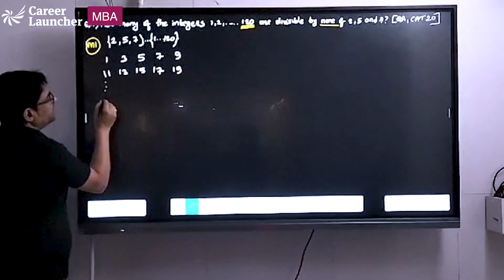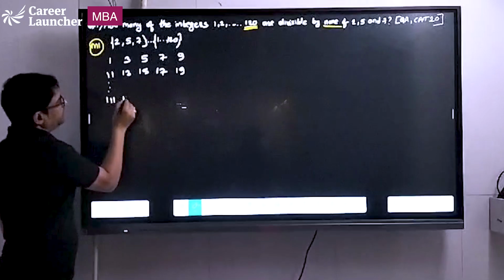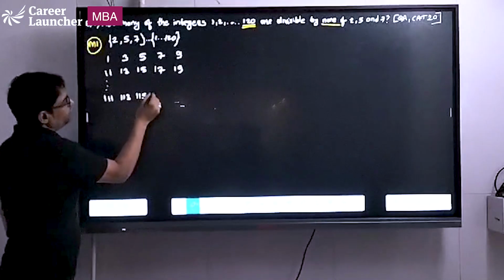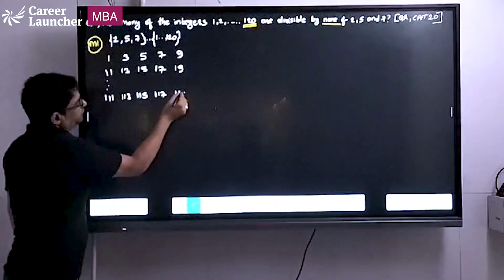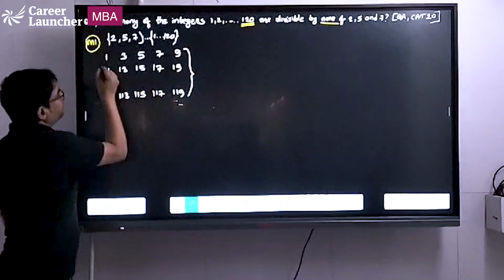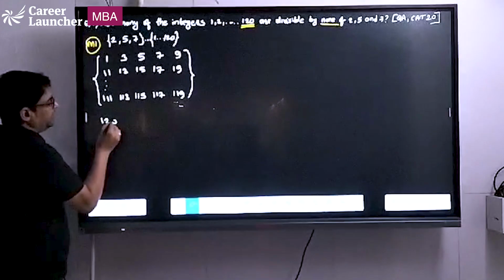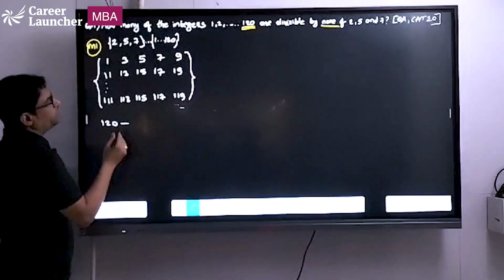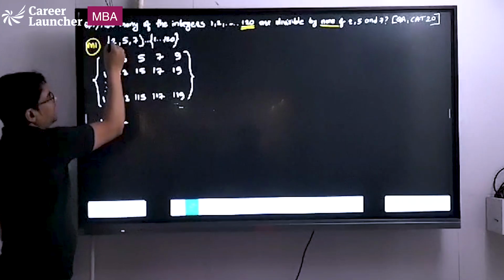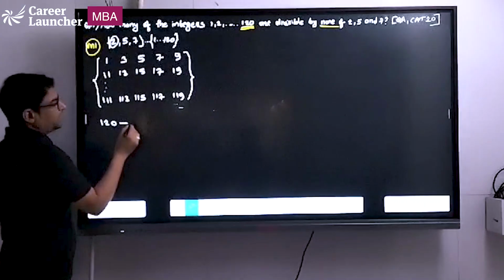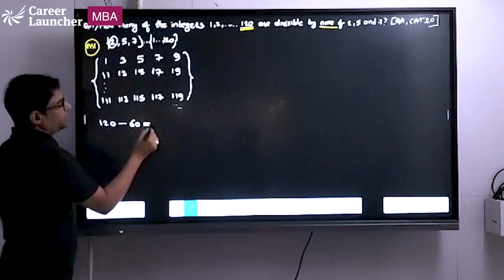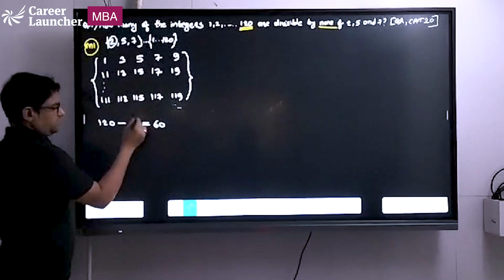Last row would be 111, 113, 115, 117, 119. So I would be left with these many integers. I had in total 120 integers. I have removed all integers that are multiples of 2, that is, even numbers. So 60 are removed. I am left with 60 numbers.